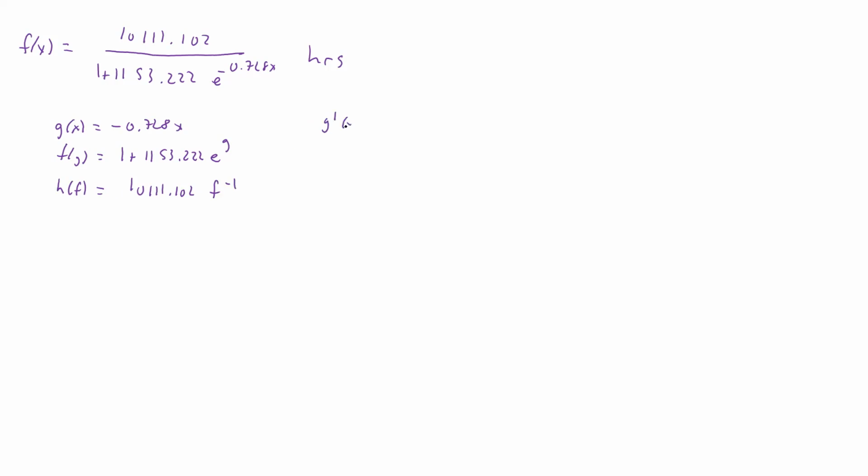So now finding our derivatives, we get a negative 0.728 times 1153.222 e to the g, and a negative 10111.102 f to the negative 2. All right, so that gives us then our first derivative without simplification.